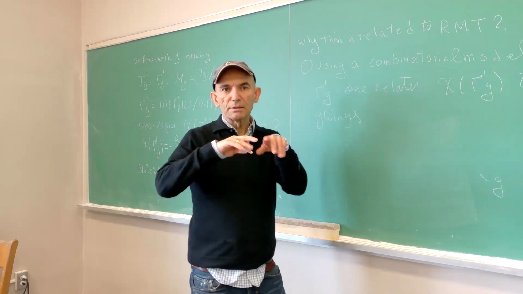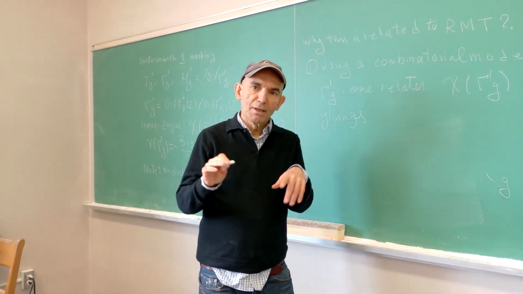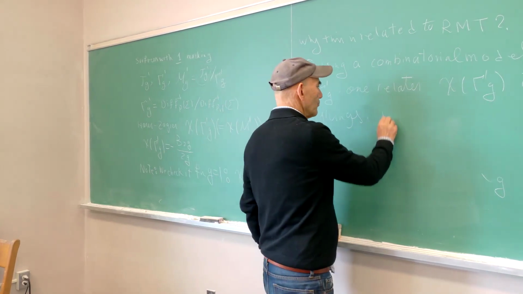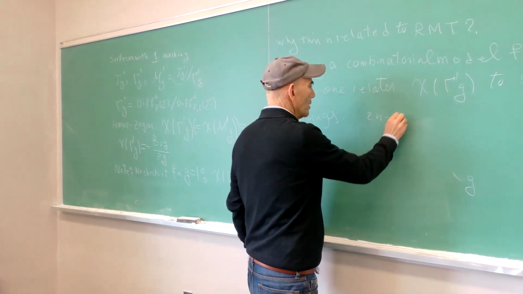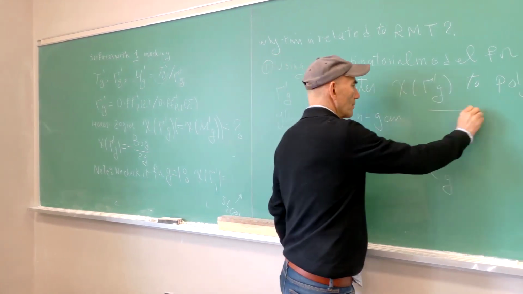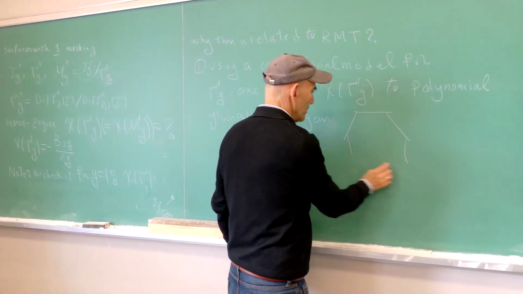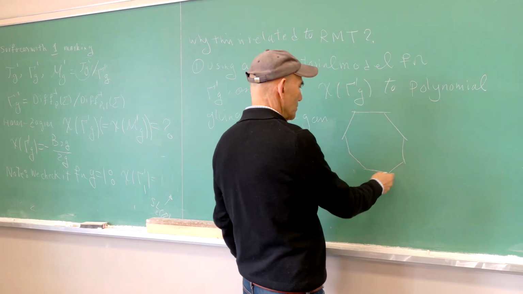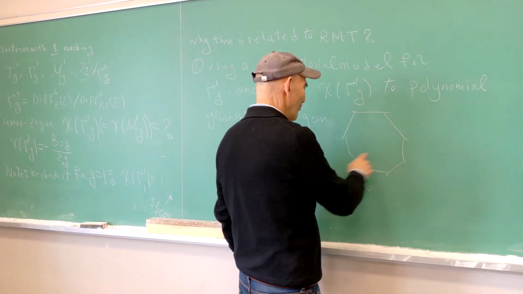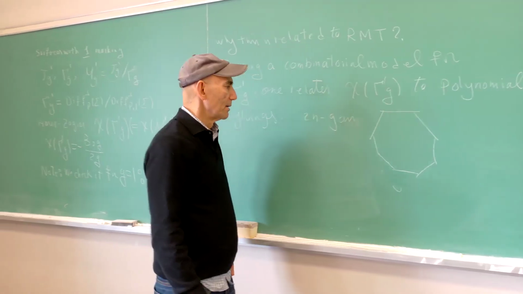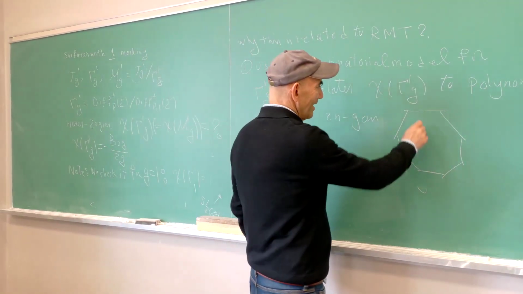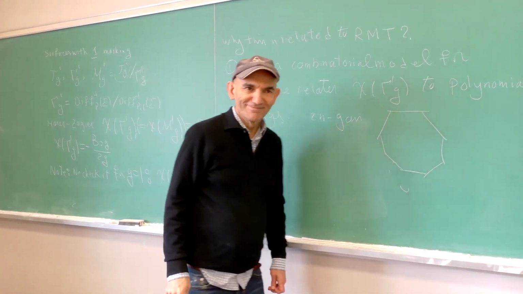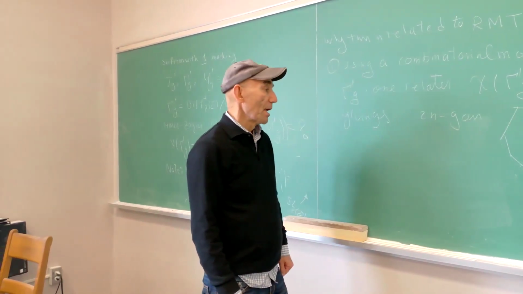So you remember, when we were discussing random matrix theory, we had this thing that if you have a 2n-gon, for example, 6, or 8, I don't know. Is it 8? I hope it's not 7. 1, 2, 3, 4, 5, 6, 7, 8. It looks like it's 8. Okay.